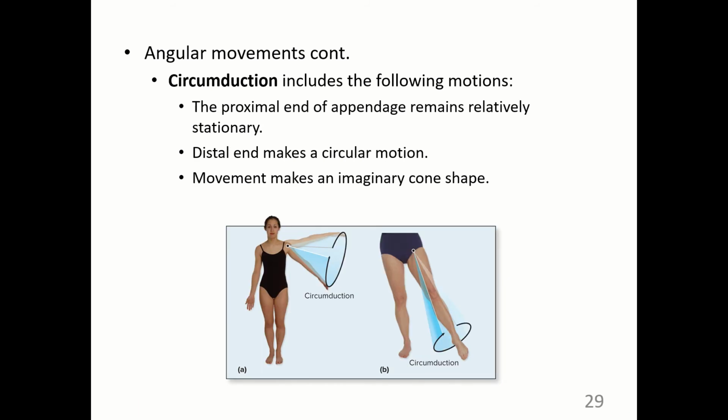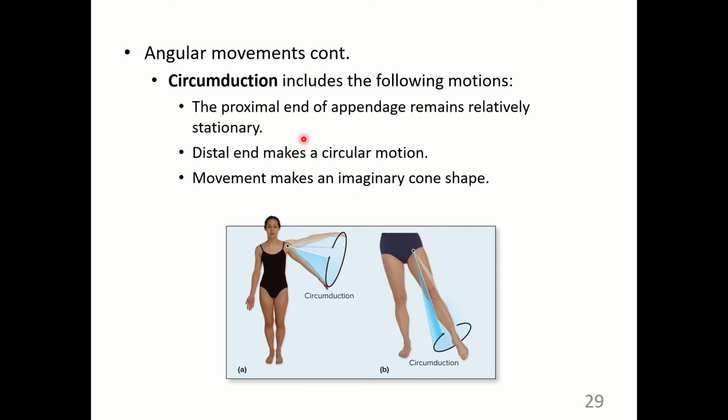Circumduction is the last angular movement, I believe, and it includes the following motions. This is the ball and socket joints of the shoulder and the hip. So this is where the ball would be, the head of the humerus here and the head of the femur.